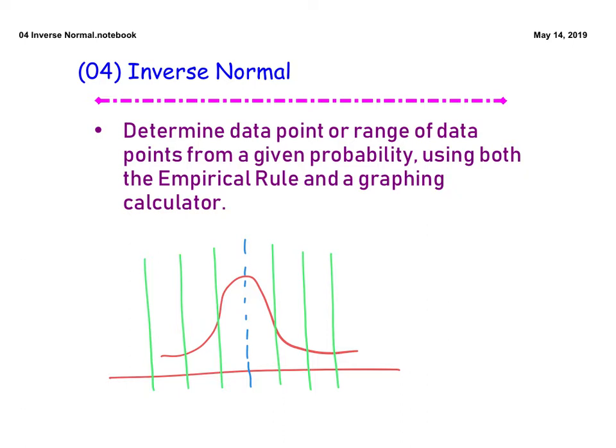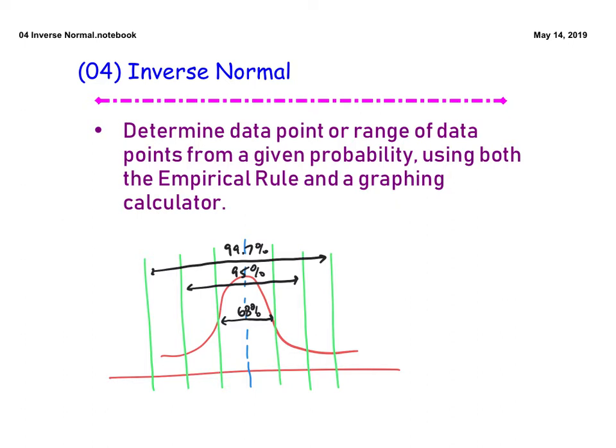And we knew certain aspects of this bell curve. For instance, this represents 68% of the data, this represents 95% of the data, and this represents 99.7% of the data. And again, those are estimates that we ask you to memorize.